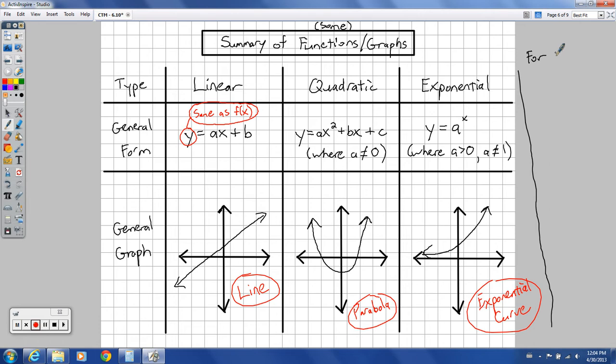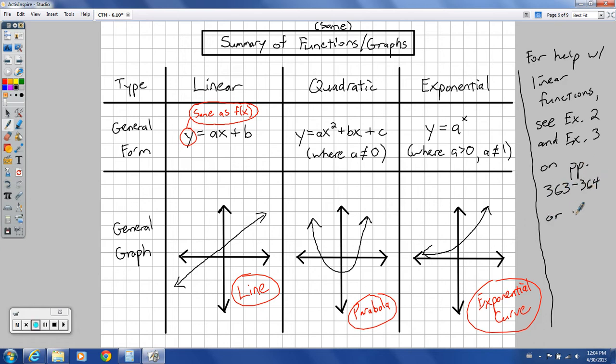So for help with linear functions, you can see example 2 and example 3 on pages 363 to 364, or refer back to your 6.7 notes.